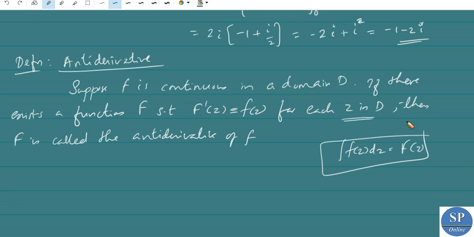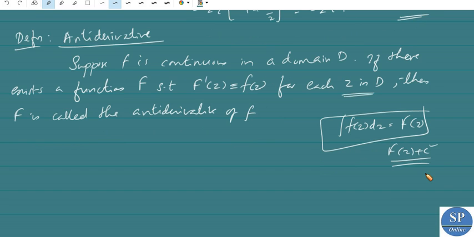Okay, in that case, we know that if F is an antiderivative, then F of z plus c is also another antiderivative. It is the most common form of the antiderivatives, where c is a complex constant. So this is as in the case of functions of real variables.